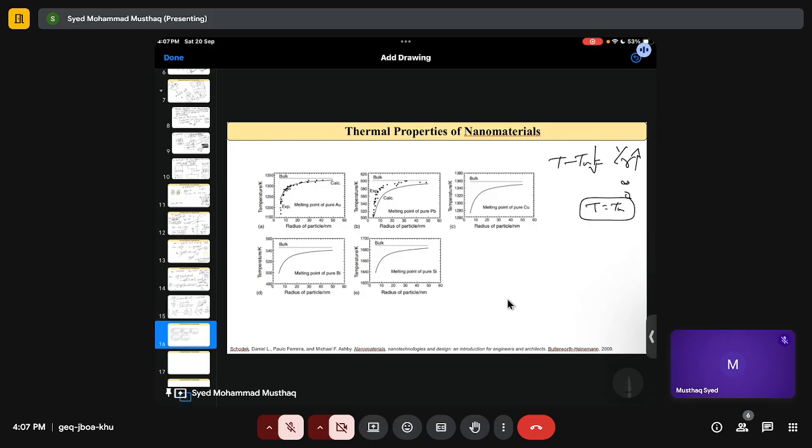If my r is very small, then this whole value will go up, then the difference should be a positive value. Oh, sorry, it's not, it's Tm minus T. Mistake, it is Tm minus T, right?